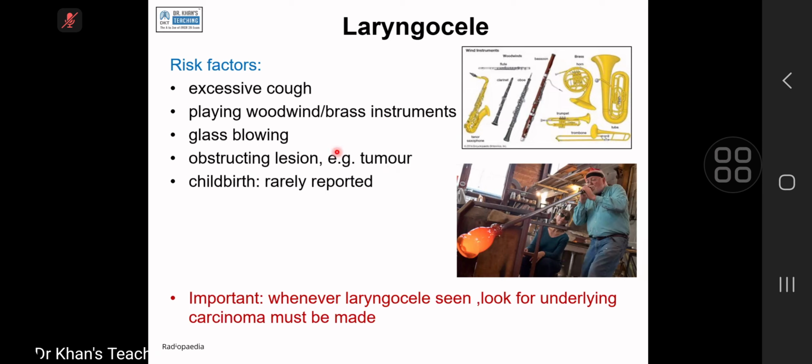Case reports have also described it after childbirth. Now, whenever you pick up a laryngocele, you must rule out an underlying tumor. In your exam, you have to impress the examiner by saying that I'm looking for any underlying malignancy.